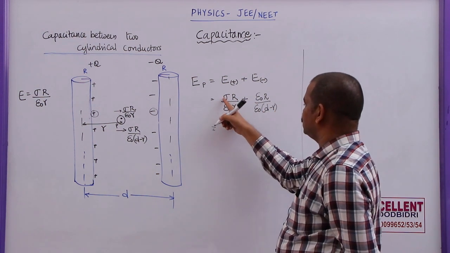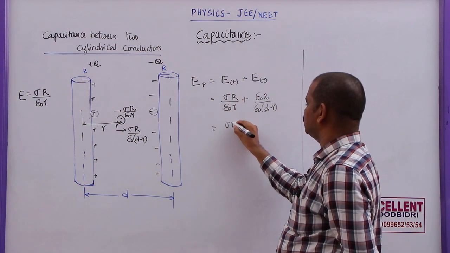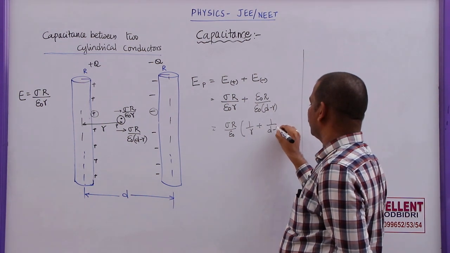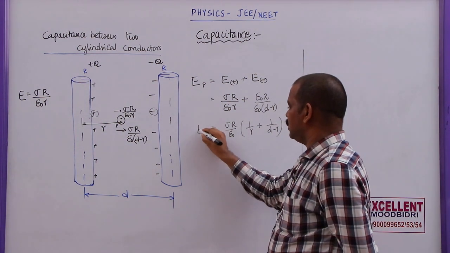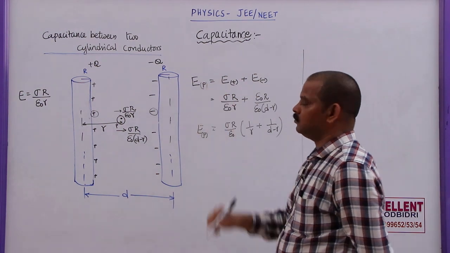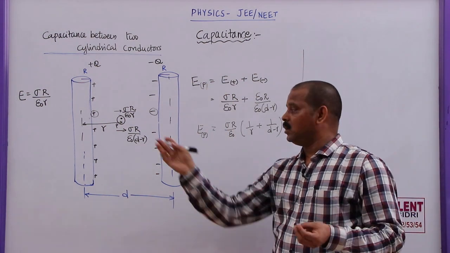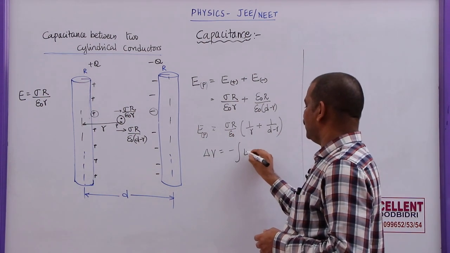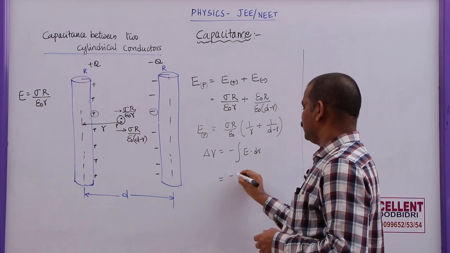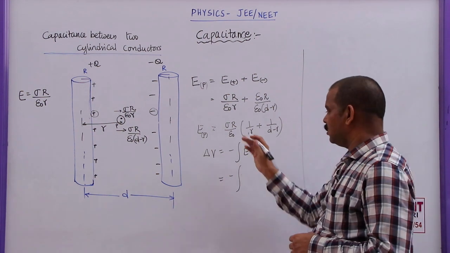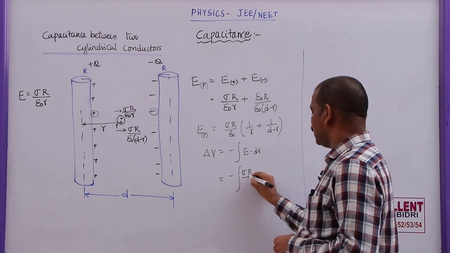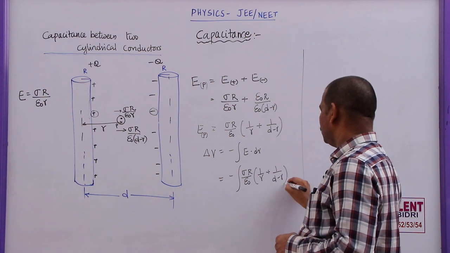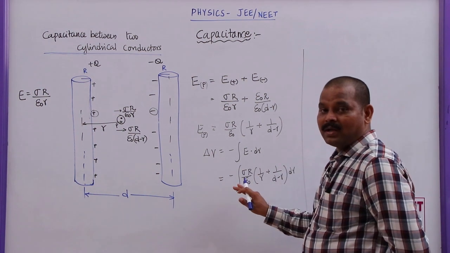So, what is common here? Sigma R by epsilon naught is common. This is sigma R by epsilon naught times 1 by r plus 1 by d minus r. This is the net electric field at point P. Now, to find the potential difference between these two, we have the expression delta V equals minus integral E dr, which is given by minus, with E the net electric field, sigma R by epsilon naught times 1 by r plus 1 by d minus r, into dr. What are the limits here?